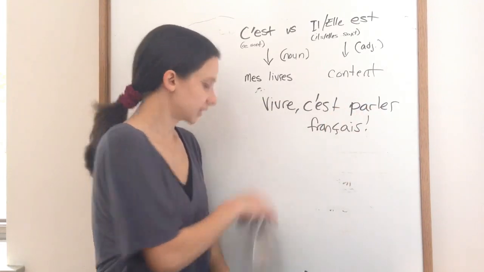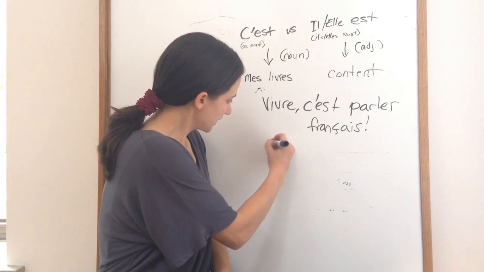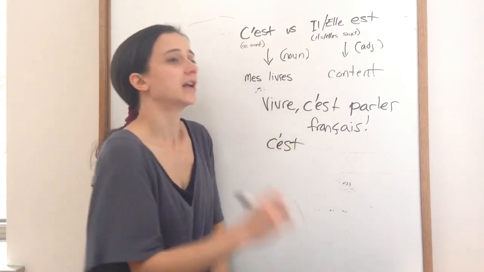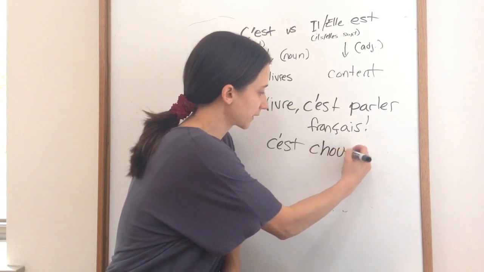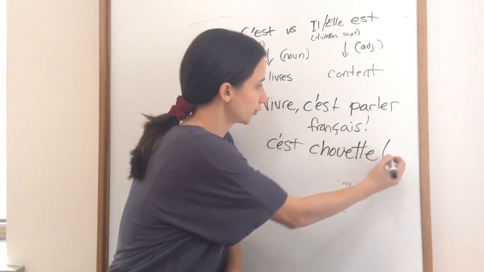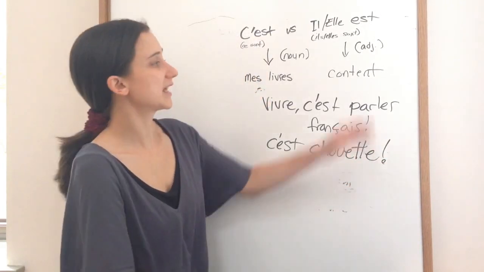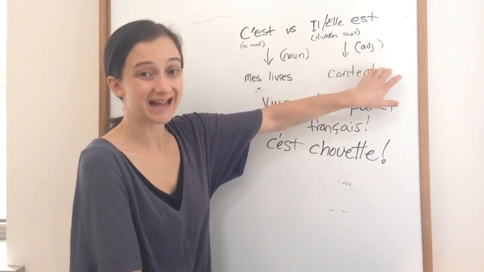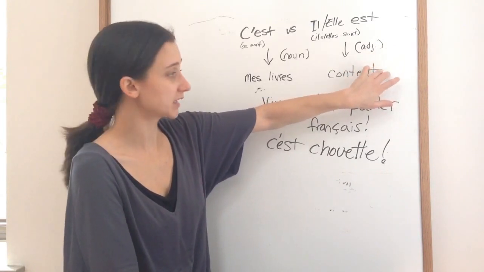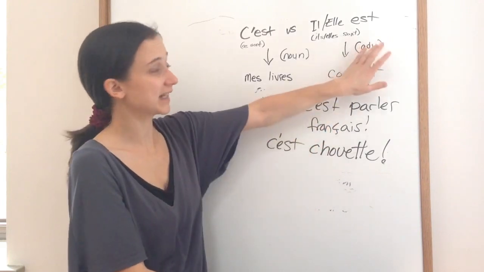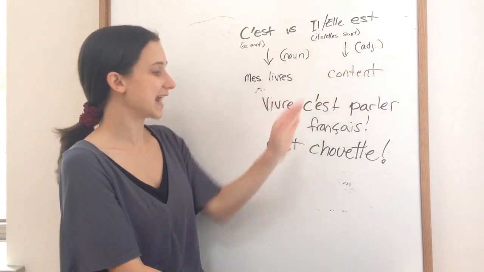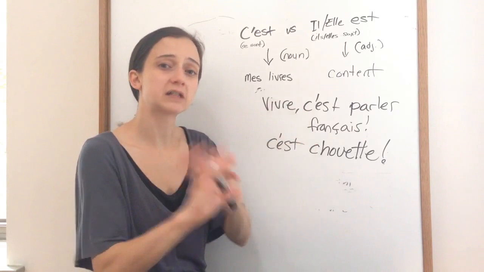Lastly, if you're just saying something non-specific, you're not saying he is cool, you are saying that's cool. Chouette. Okay? If you were saying he is cool, you're using it as an adjective for a specific person. We're not doing that here. This is an adjective. Yes, I did say adjectives were over here, but it's an adjective that's non-specific.